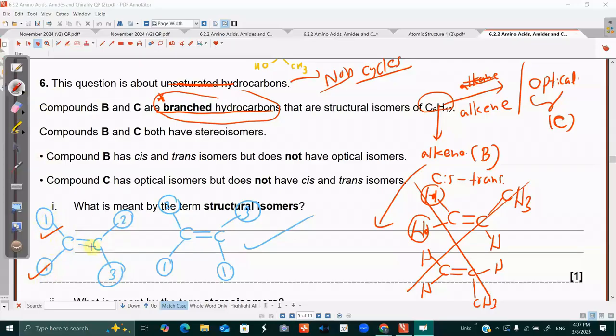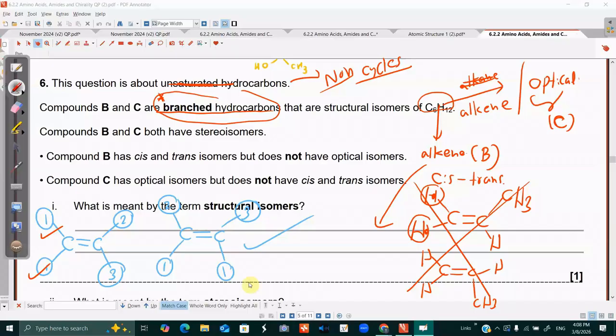Now, why don't you try to bring the double bond somewhere else? Another thing is, in your structure, there is an optical carbon. So that is why it is definitely wrong. In your second structure, compound C, you can have an optical carbon, since it says compound C has an optical isomer.